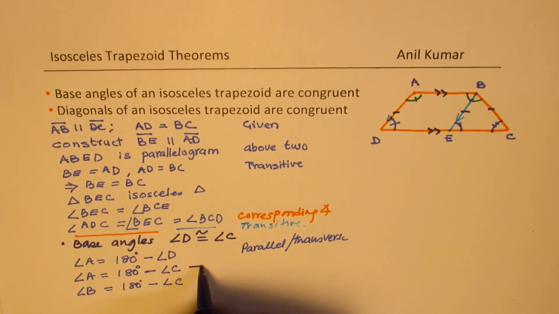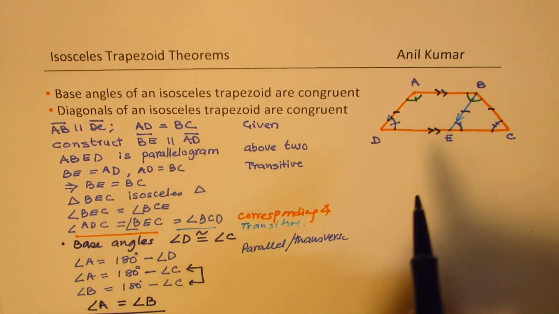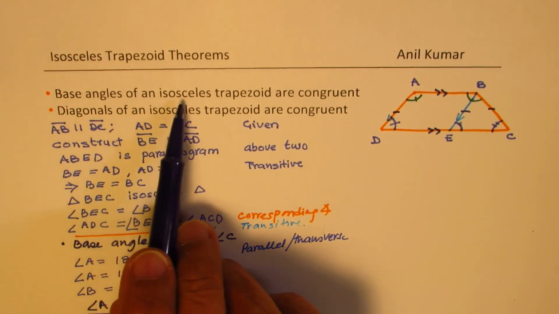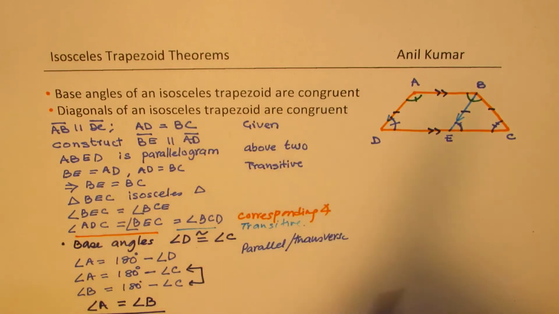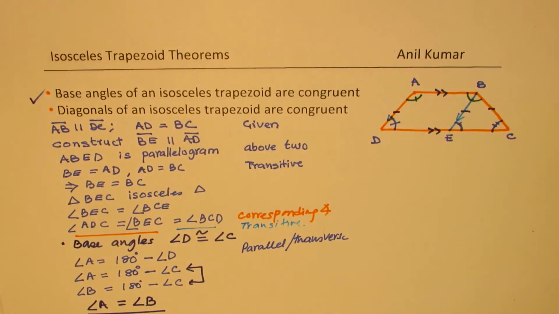So from these two statements, we can say that angle A is equal to angle B. So we have shown that the base angles of an isosceles trapezoid are congruent, right? So the first part has been done.